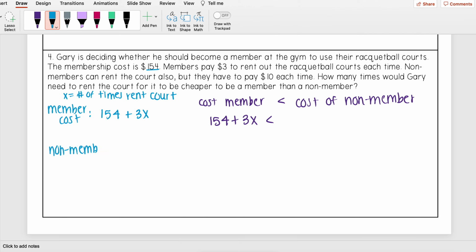And now we want to look at the non-member cost. Well, being a non-member, they have to pay $10 each time. So that's going to be 10x. So now I've got my inequality, and now I'm going to go ahead and solve it. So I'm going to subtract 3x from both sides.